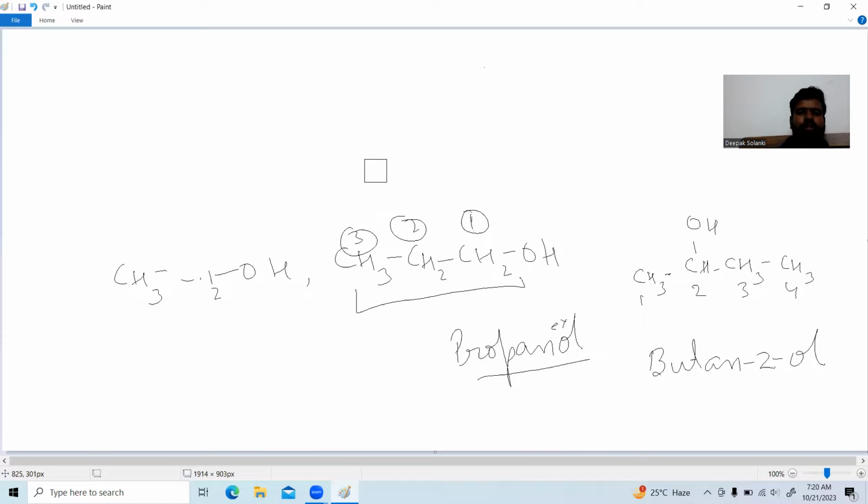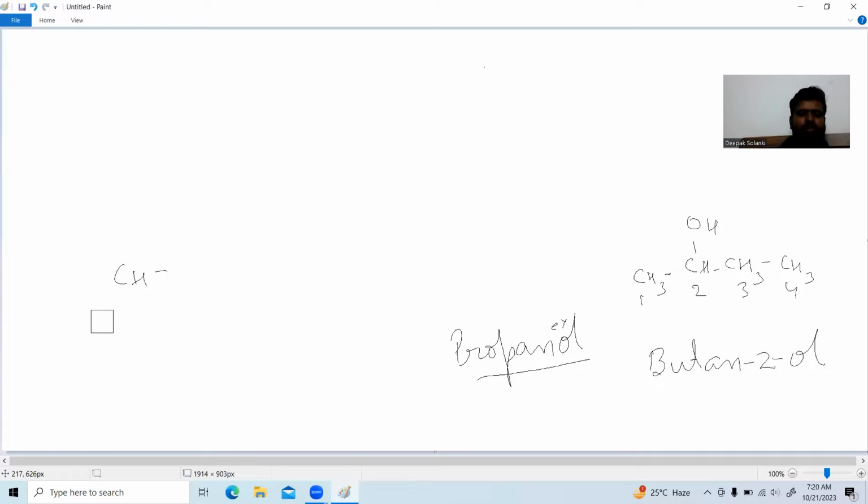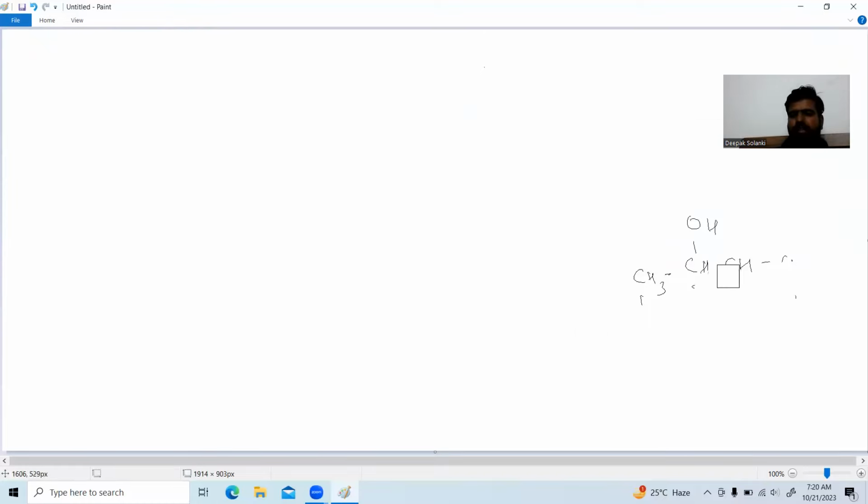The second one is phenol. Phenol means we have to take a benzene ring, and in the benzene ring we have to attach at first position the OH group. That will be the phenol. Like an example like this, we take a benzene ring, and we join the OH here.